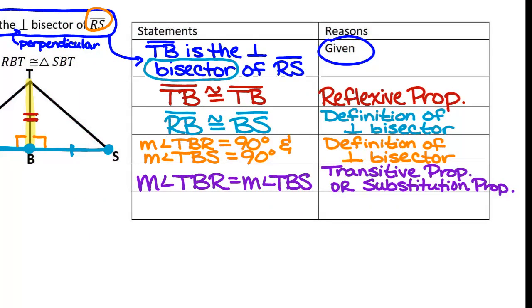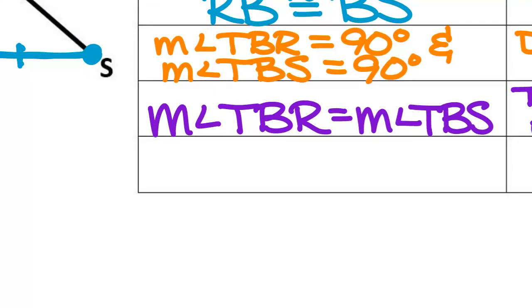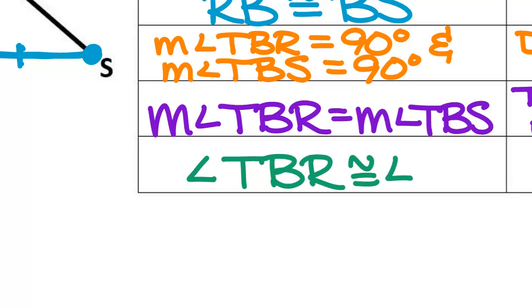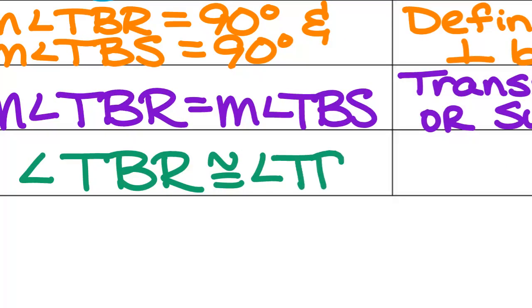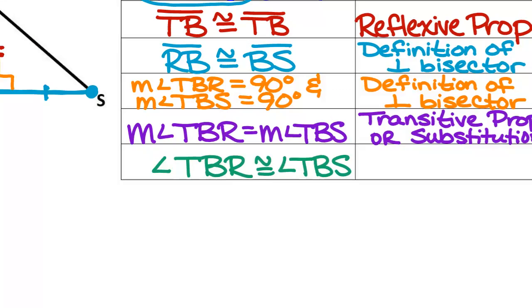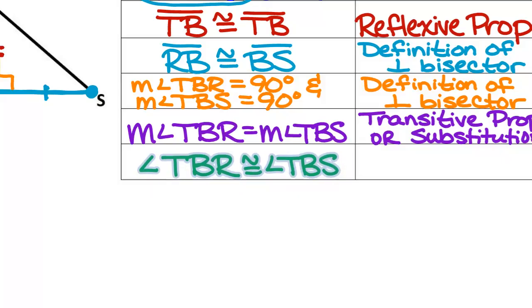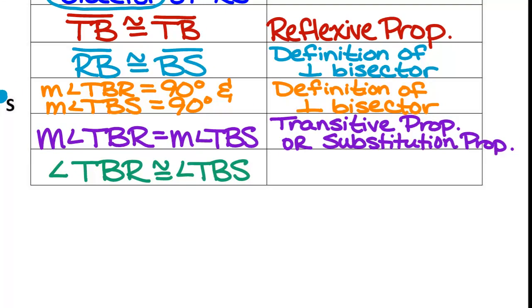If the two angle measurements are equal to each other, does that make them congruent? Yes, so angle TBR is congruent to angle TBS. Well, right up above this, we said the measurements are equal. If the measurements are equal, then why can I say that they are congruent?